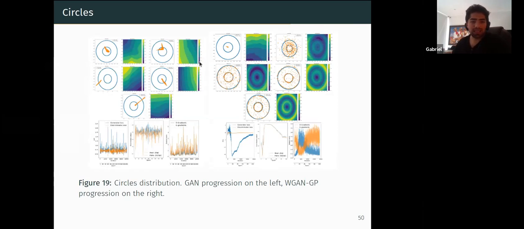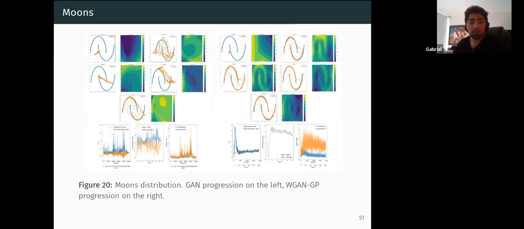And not only that, but also in these concentric circles, the original GAN never could converge to the original distribution, and I tried it like 50 times. The Wasserstein GAN actually does a good job at converging to a hard distribution. And here too, there's better convergence by the Wasserstein GAN with the penalized gradient.